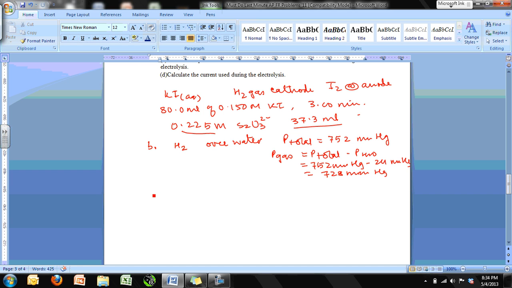So to get the volume, it'll be nRT over P. And how do you get moles of hydrogen? You know the moles of iodine.